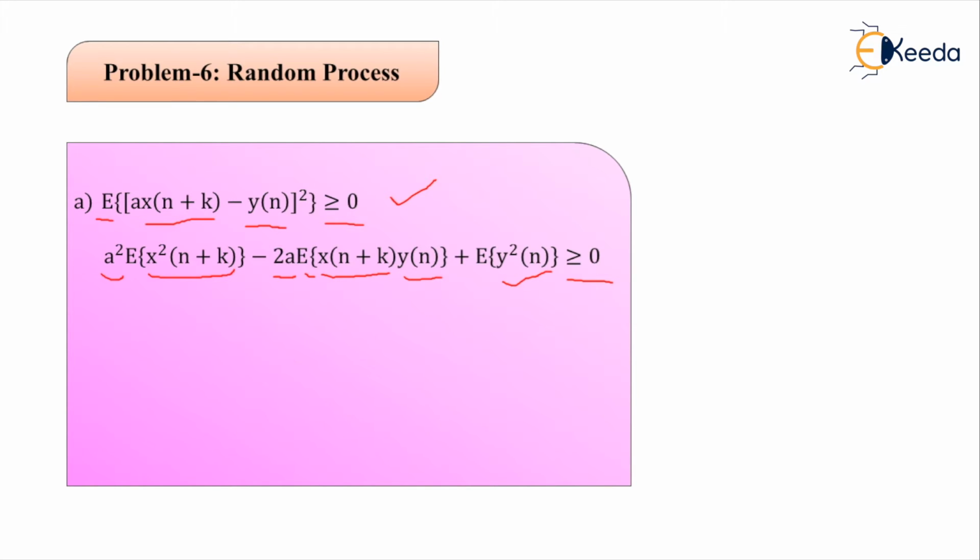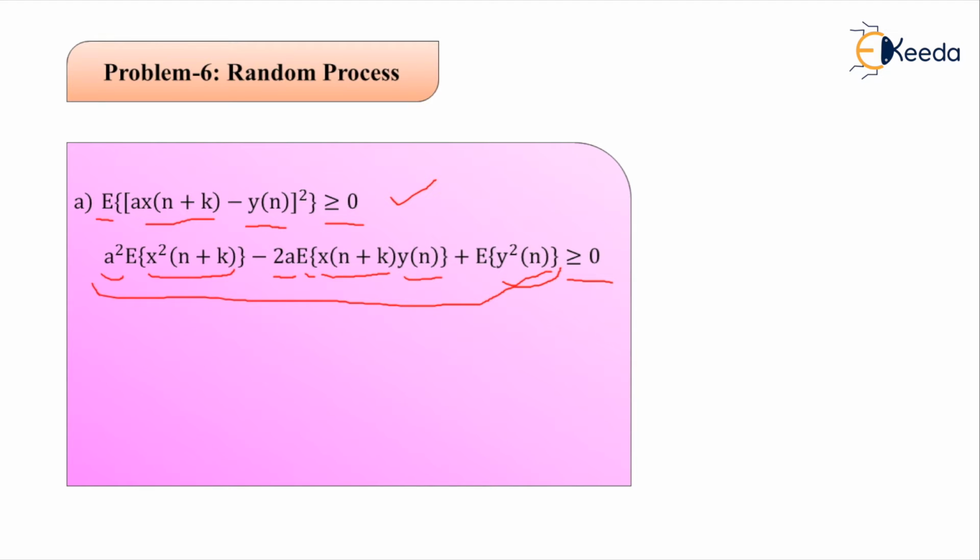When this quadratic equation is completely non-negative, the discriminant is non-positive in this case. You can remember the formulation where we take the square root of b square minus 4ac.